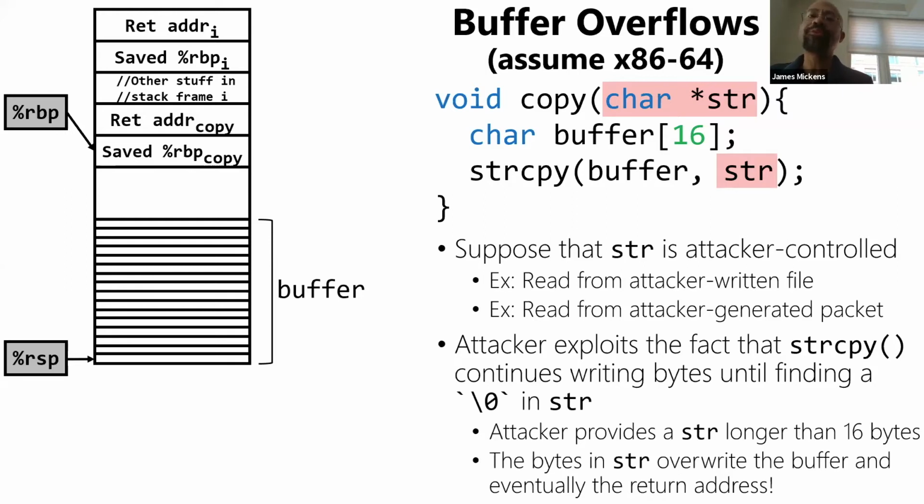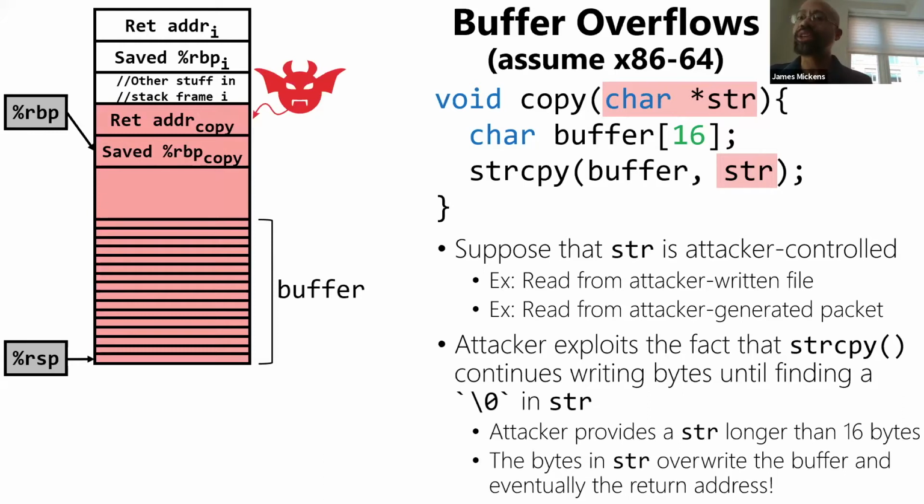If we look on the left-hand side, we see that if the attacker provides a string that's too long, then strcpy will start copying over the bytes in the buffer. Then it'll continue overwriting stuff on the stack, it'll overwrite the value of the saved base pointer, and then it will overwrite the return address that copy is supposed to return to when it's finished.